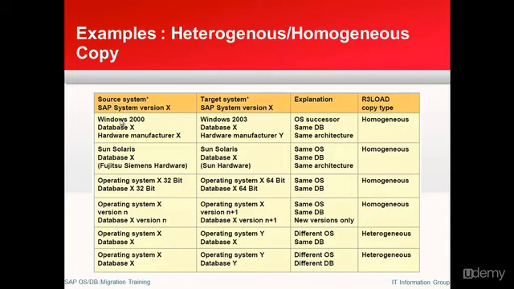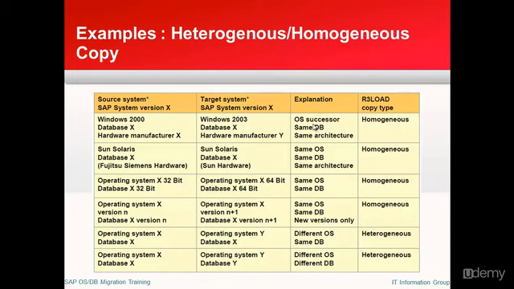Take the first example, you have Windows 2000 OS, you have database say X, you have hardware manufacturer say Y. So in the target, your new target system is going to be say Windows 2003, your database is say X, your hardware manufacturer is Y. So what has happened in this example is that with the OS, we are going to a successor OS because Windows 2000 is getting upgraded to a newer version of the Windows operating system. So this we will call homogeneous.